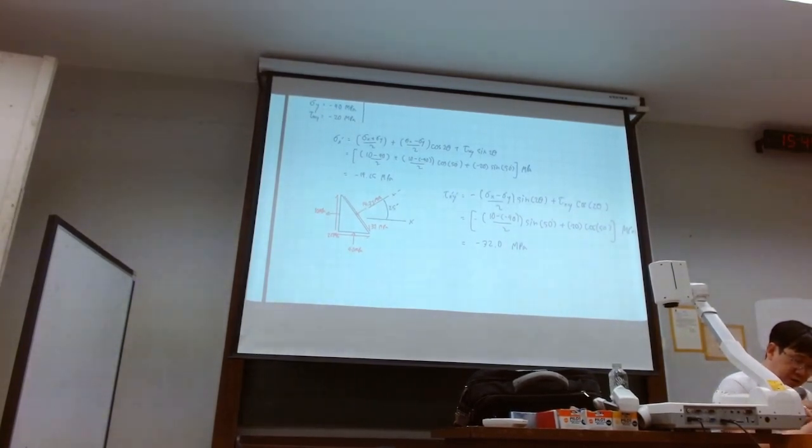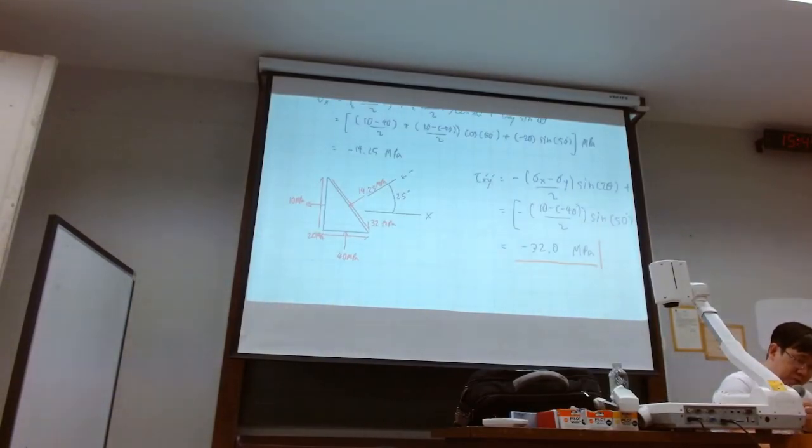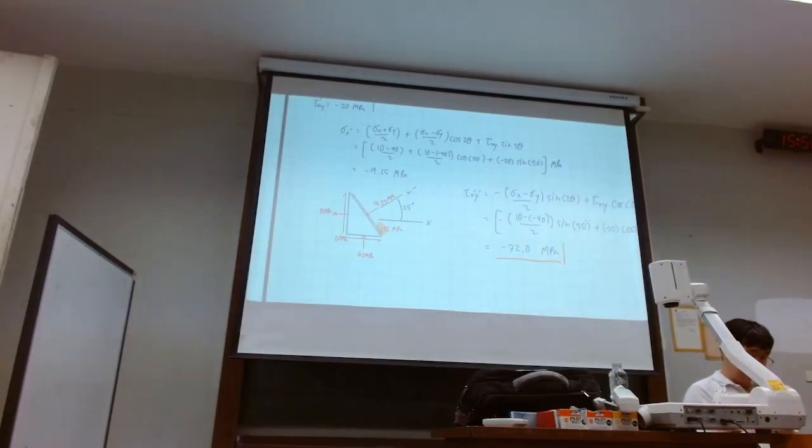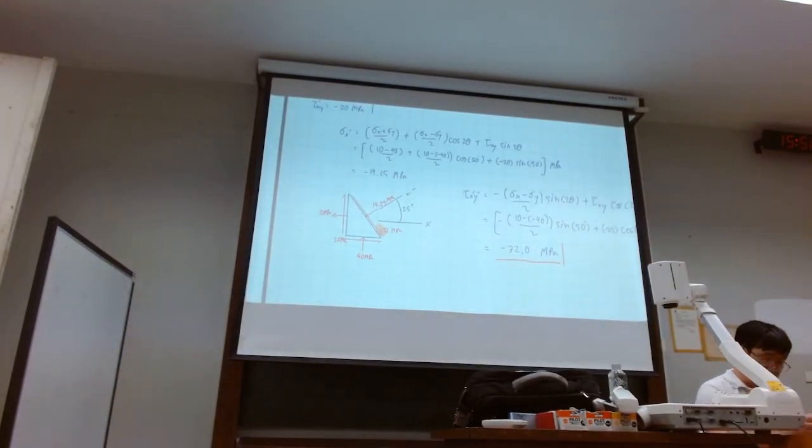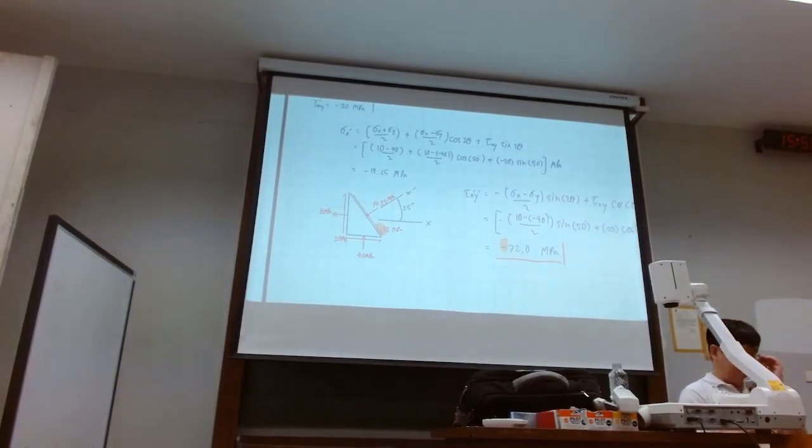What I want for you is that, do you understand that this is negative 32 and the arrow right here, let me do a highlight, the arrow right here is going down. That negative corresponds to the arrow coming down this way. Do you have any question on that?